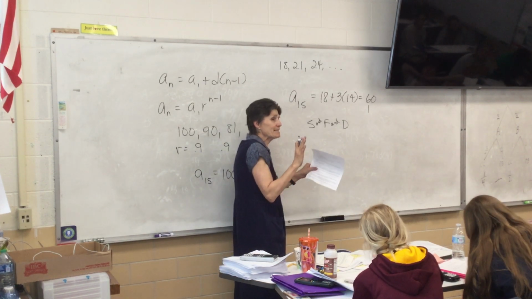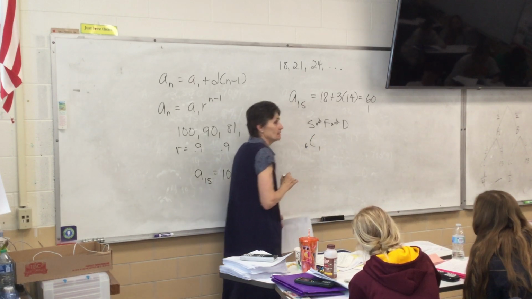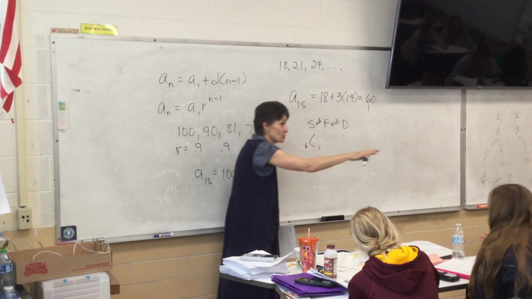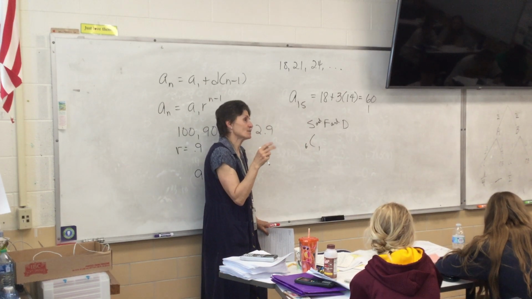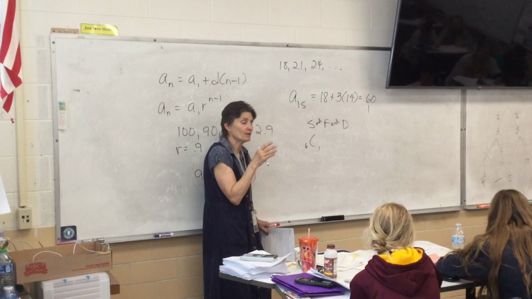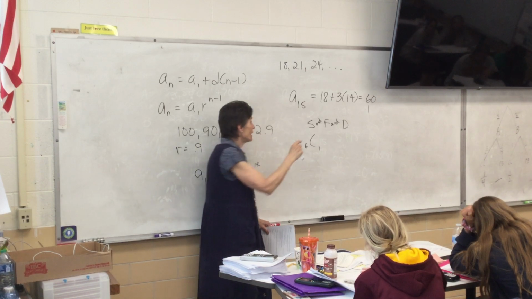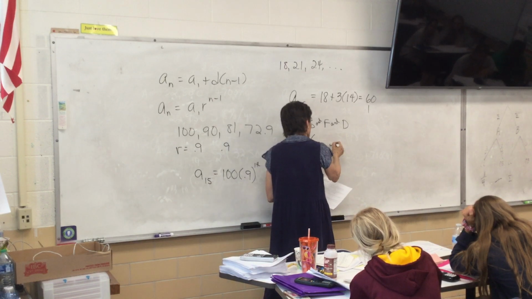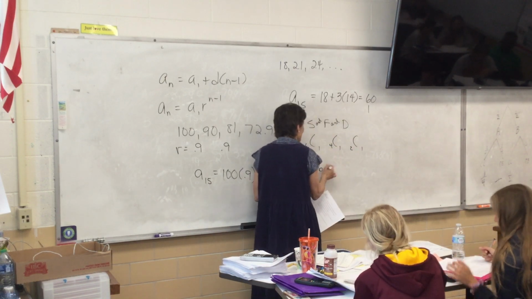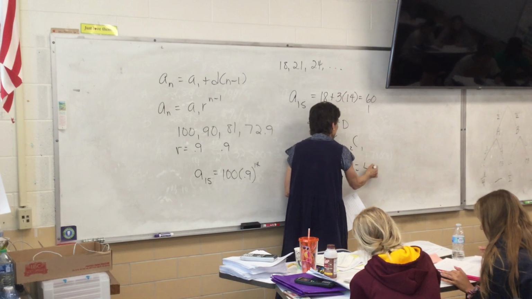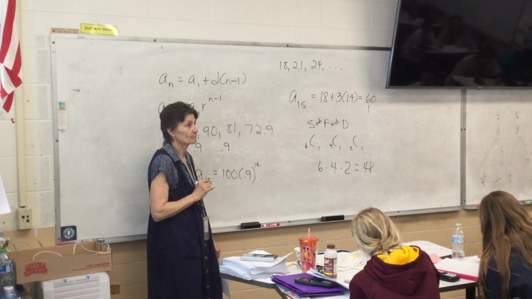So very technically, this is 6C1. There's 6 sandwiches and you're going to reach in and pick one. Now, 6C1 is just 6. So if you don't want to do the C part, you don't need to because you're only picking one item. And fruit is 4C1 and drinks are 2C1. So that's 6 times 4 times 2, there's 48 different lunches that you could come up with.